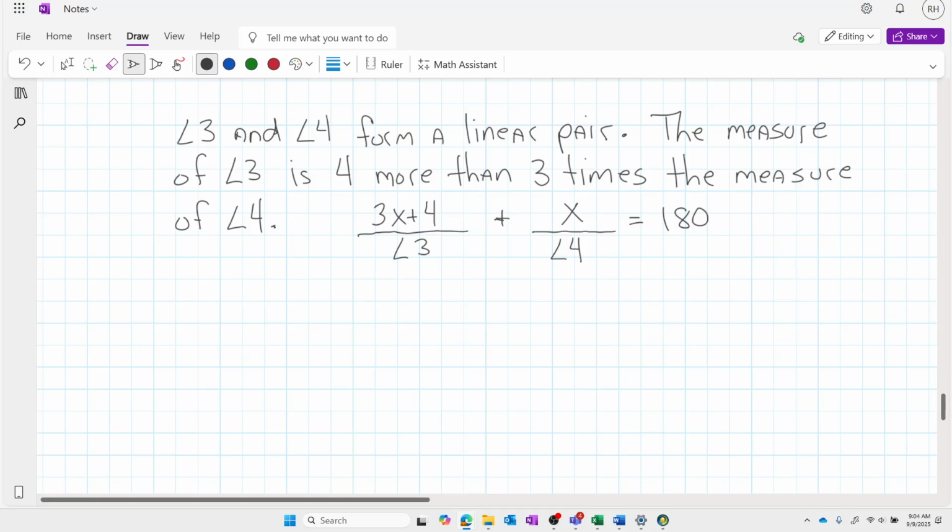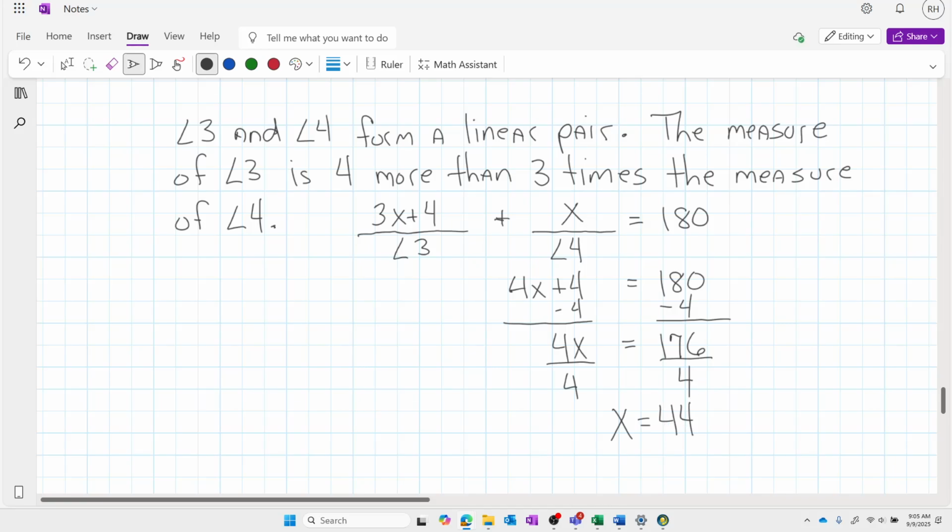All right, so just like the other two problems, you can combine like terms. So 3x plus x is 4x plus 4 is equal to 180. Subtract 4 from each side. 4x is equal to 176. And then divide both sides by 4. So x equals 44.